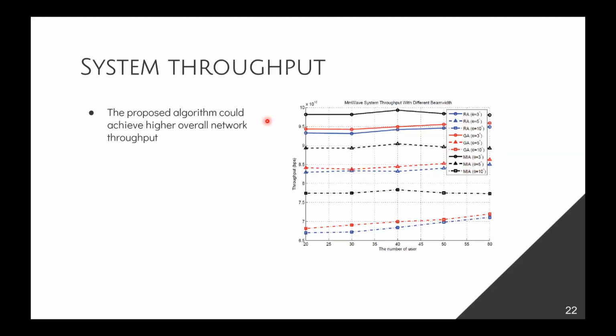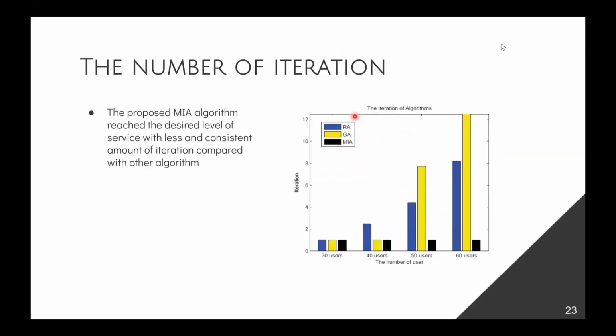The proposed algorithm gets better performance compared to the 2 other algorithms. And the number of iterations for the algorithm to get the desired level of surfaces is less than the other 2 algorithms, and it has a stagnant or consistent number of iterations regardless of the number of users.